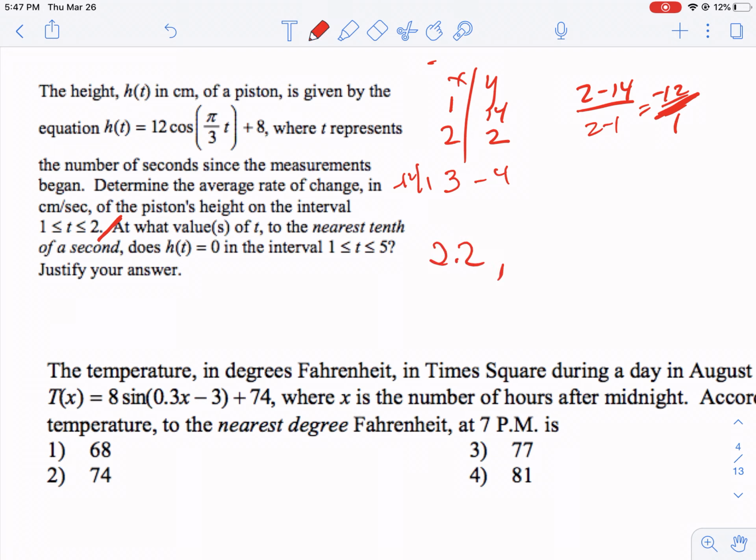And then there's another one, so I go back second trace, number 2 for zero, move to the right until just before I hit my root, hit enter, just past my root, hit enter, and it says it also has a root at 3.8 to the nearest tenth, and the next root is way past 5. So it's 2.2 and 3.8, and quite honestly, using your calculator that way is the most efficient way I can think of to do that problem.